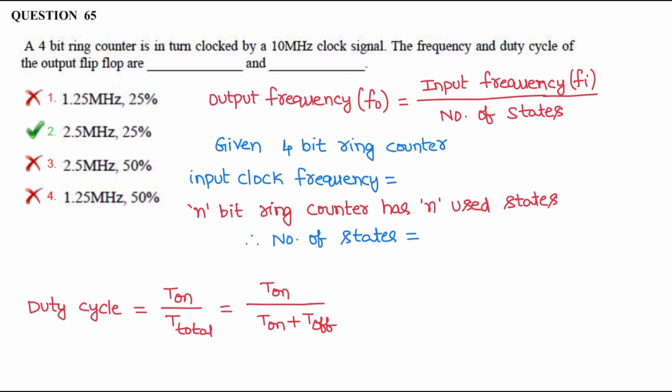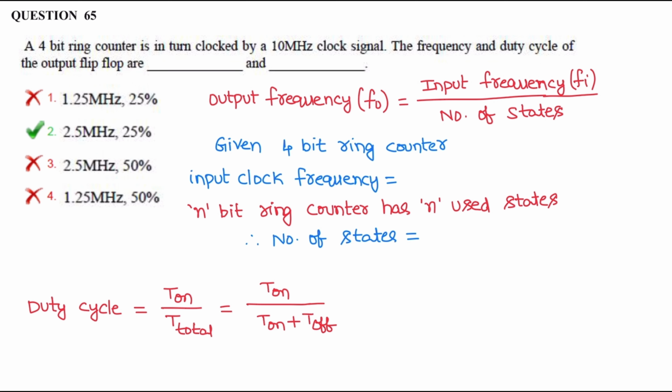Question number 65. A 4-bit ring counter is in turn clocked by a 10 MHz clock signal. The frequency and duty cycle of the output flip-flop are dash and dash respectively. So we know that output frequency F0 is input frequency by number of states. Here n bit ring counter is given.